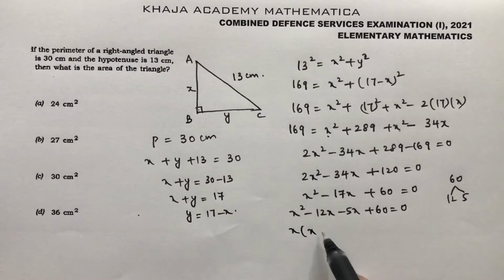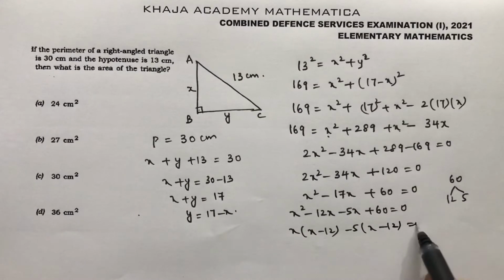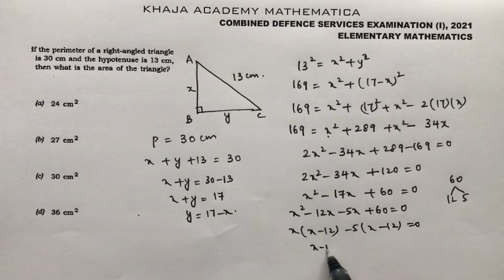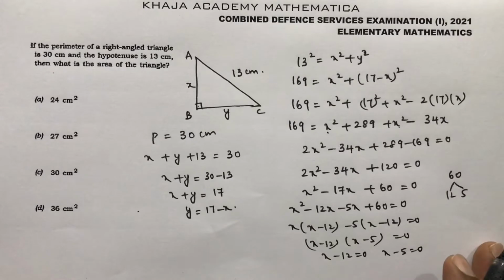Taking x common, x into (x minus 12), and taking minus 5 common, minus 5 into (x minus 12). So (x minus 12) into (x minus 5) equals 0. So x minus 12 equals 0 or x minus 5 equals 0.